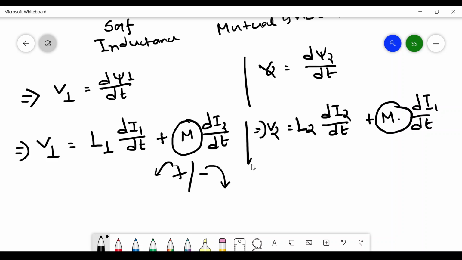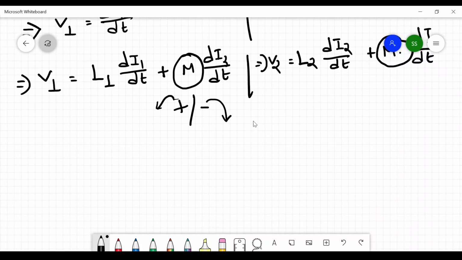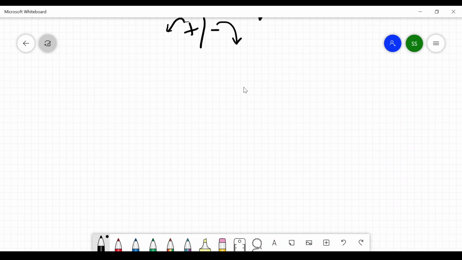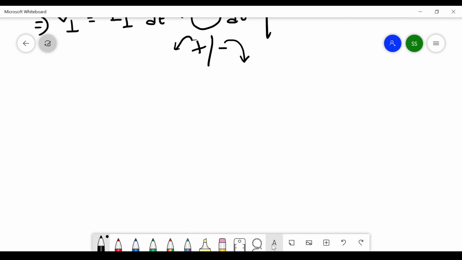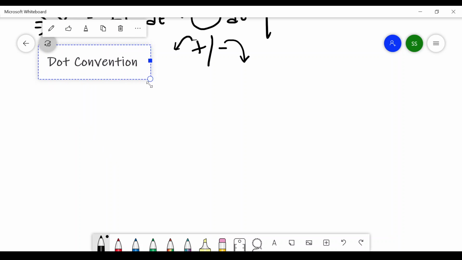For that, we have to understand the concept of dot convention. It is one of the most important topics and a lot of questions come from this dot convention.